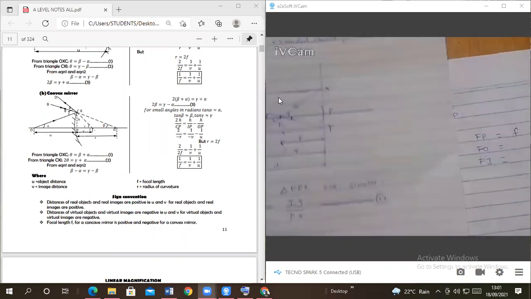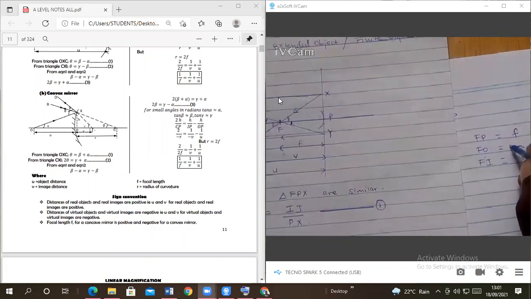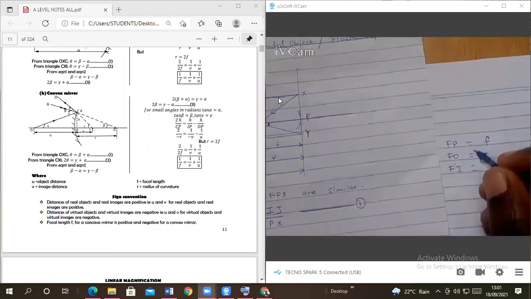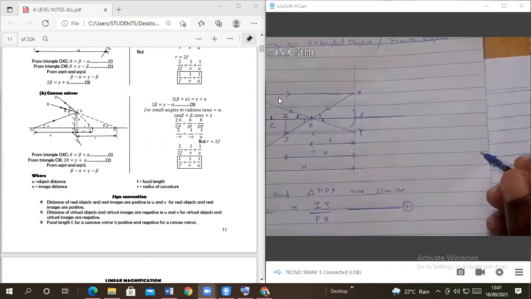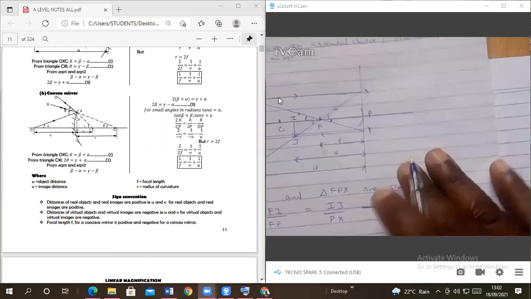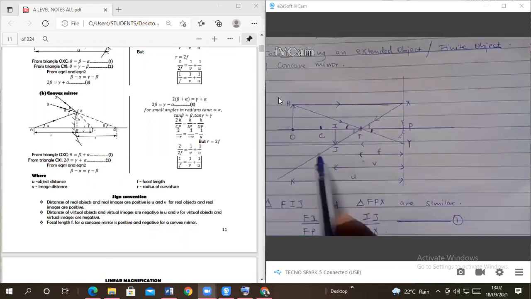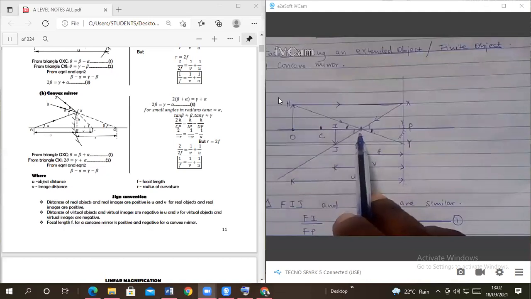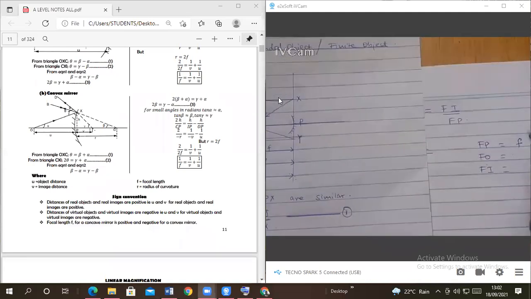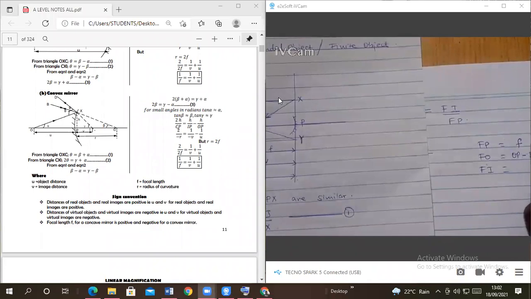So it means that for me to get FO, F to O, I must get OP minus FP. So it is OP minus FP.